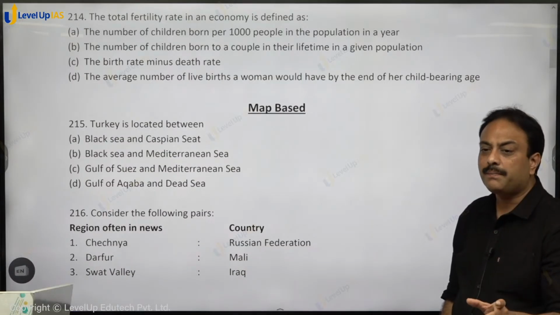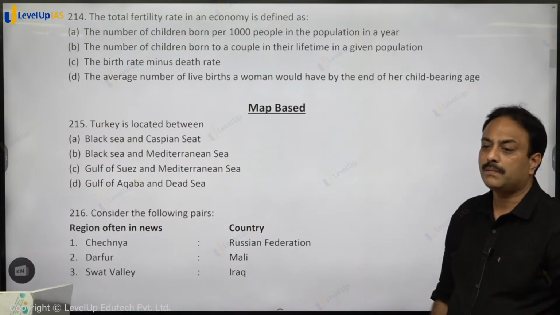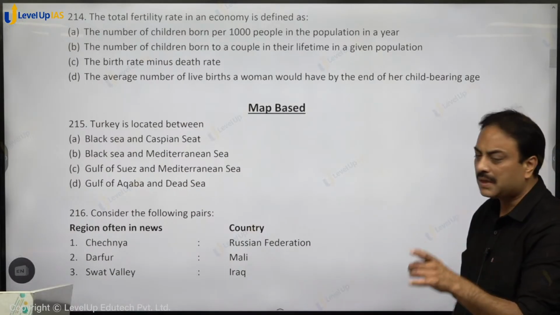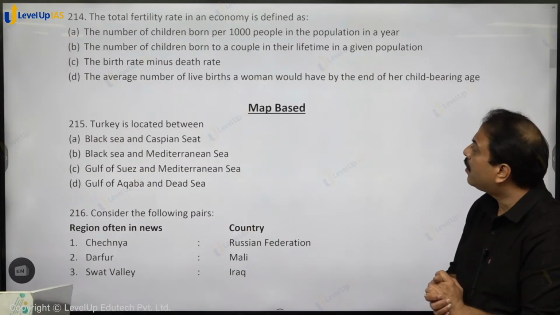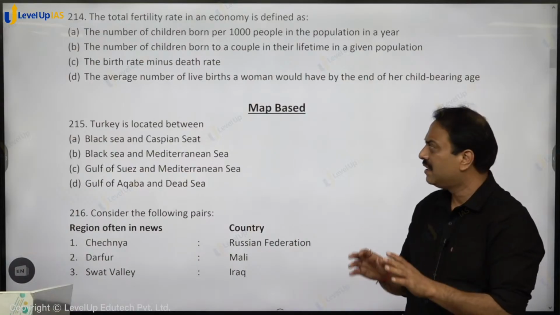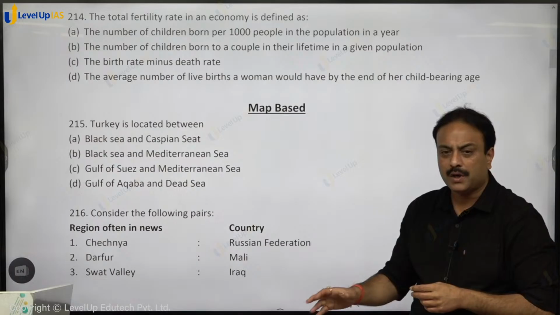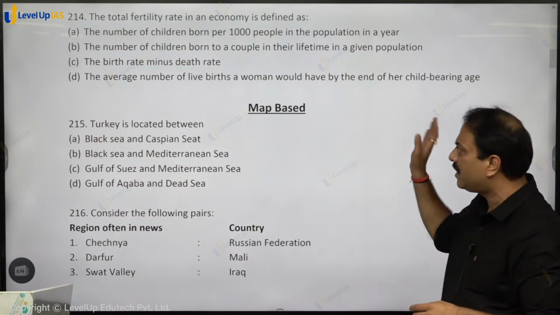On every 1000 people, whether male or female, what are the new births taking place? That is birth rate. The number of children born to a couple in their lifetime in a given population is not considered as any of the figures related to demographics or demography. So it is a redundant statement.